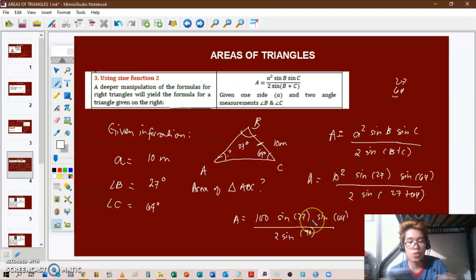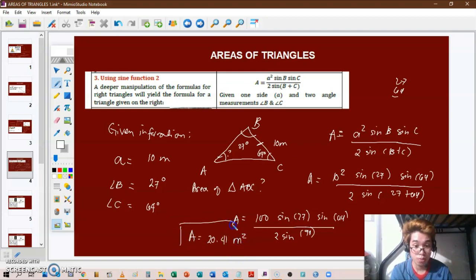So 2 times sine 91 degrees. If we input all of that on our calculator, we're going to get 20.41. So therefore that's the area of our given triangle. The area of triangle ABC is 20.41 square meters. So that's the answer, 20.41 square meters.